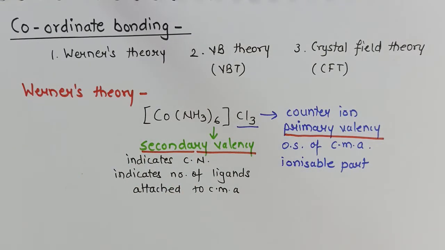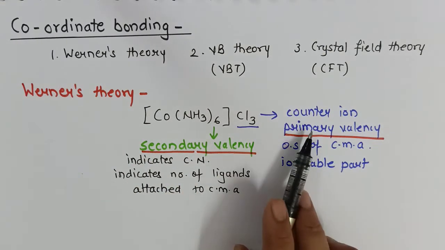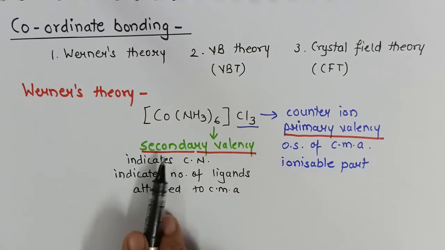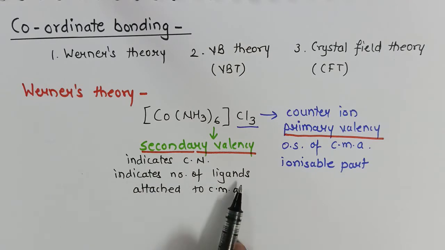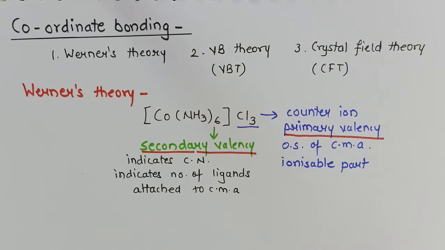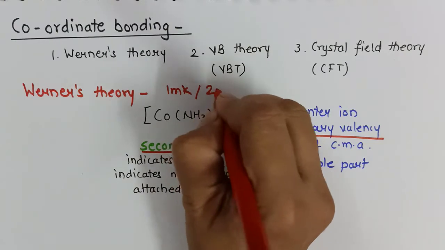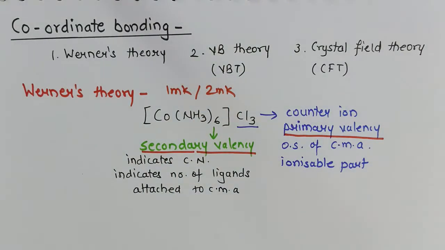Both valencies have their importance. Primary valency shows the oxidation state of the central metal atom, whereas secondary valency indicates the coordination number, or I can say the number of ligands attached to the central metal atom. Now there is one very simple trick to remember this, as there can be 1 mark or 2 mark questions based on this concept: what is the primary valency and what is the secondary valency in the given coordination complex.